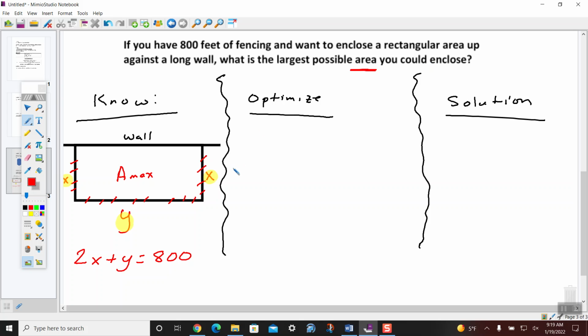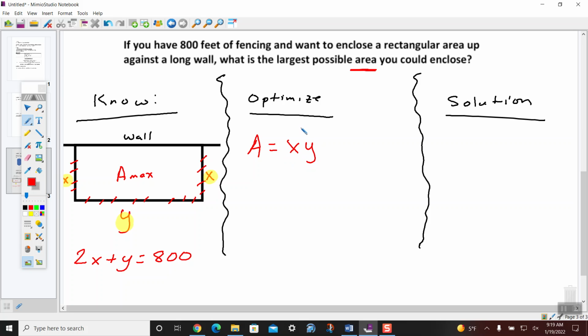Guys, we're talking about the area of a rectangle, so based on our parameters, area would equal what 2 variables times each other? X and Y, right? So we have this area that we're trying to optimize dependent upon 2 variables, X and Y. Do I want that to be dependent upon 2 variables, or do I want to rewrite it so it's dependent upon 1?